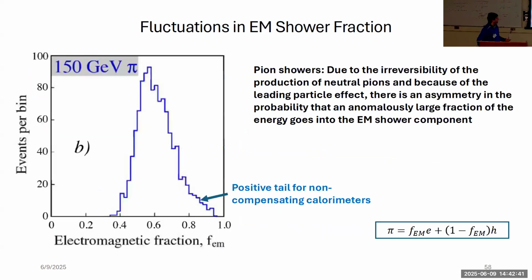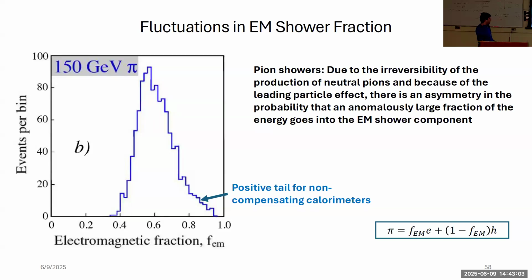And what we can see here is, if we have a 150 GeV pion on a hadronic calorimeter, this is the electromagnetic fraction for some amount of events. This is from some simulation.